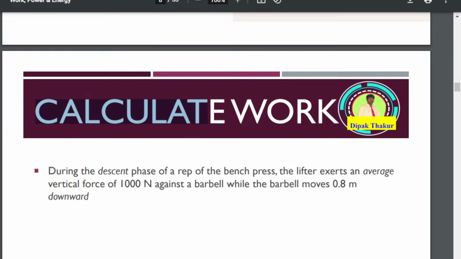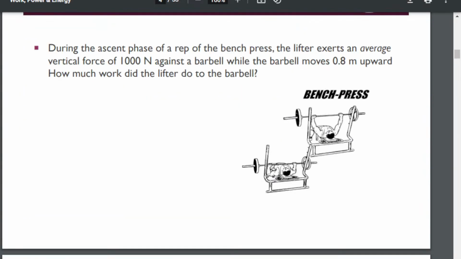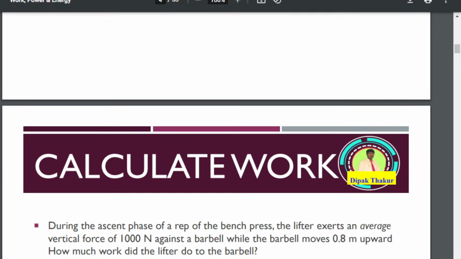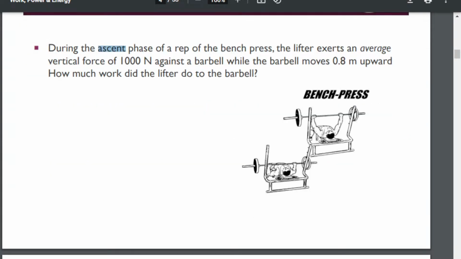The question will be the same as the previous one, but during the descent phase. Previously we calculated for the ascent phase, where the lifter is lifting upward.